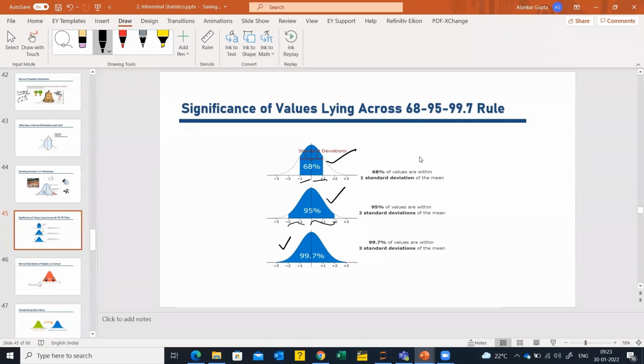So for example, if I take classes every day and I log in every day at 9 a.m., and my data looks like a standard normal distribution. If you calculate all the days where I have joined, it can be at times 9 or 9:01, or 9:02, and so on. It might be 8:58 also. So if you plot all this data, it will look like a standard normal distribution.